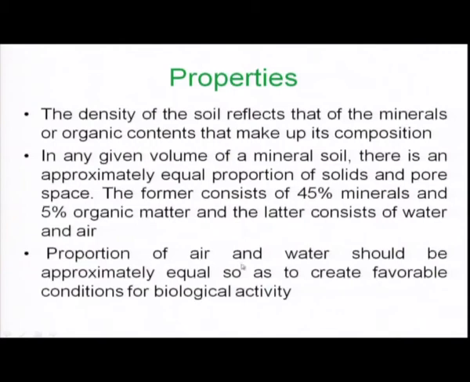The proportion of air and water should be approximately equal so as to create favorable conditions for biological activity, with lots of organisms present, which is considered very good for cropping activities. In the horizon, the top soil is rich in organic matter, so the density will be low, and as you move down the horizon the density usually increases because of the mineral compositions.